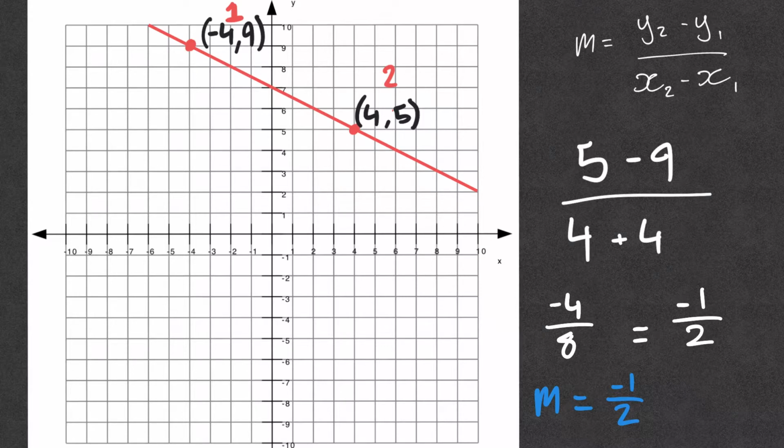And you may see that written like I just did then. It can also be written like that, or it could also be written like that. As long as there's a negative in there, that means that it's going down.